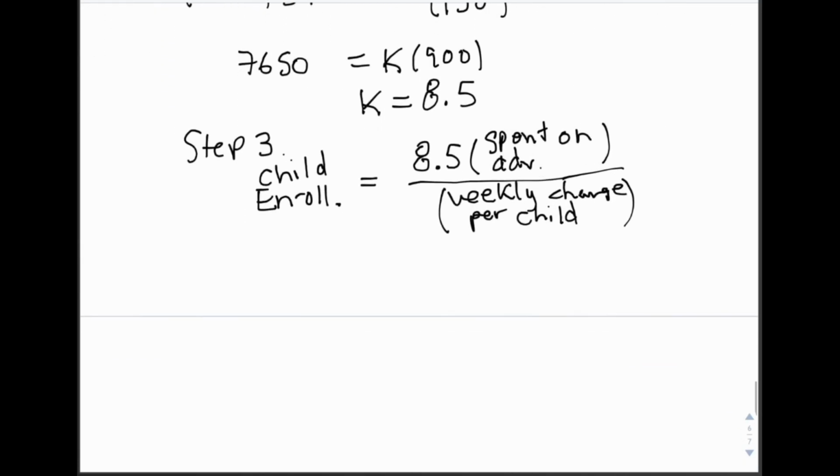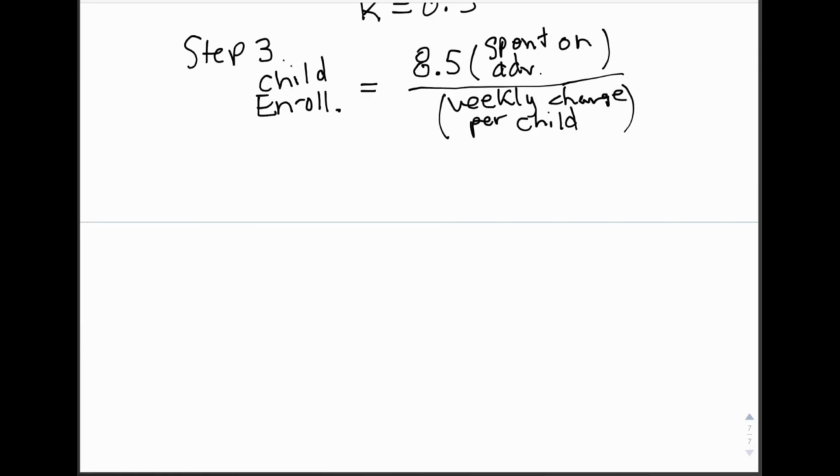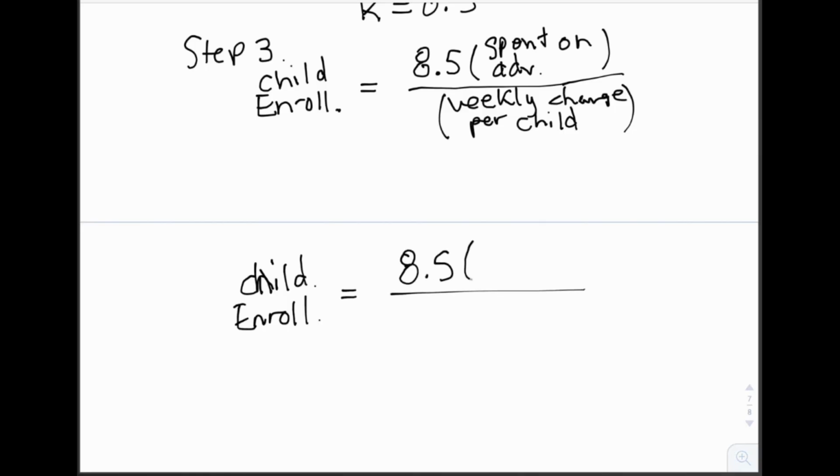So plugging those values in, child enrollment, that is the ultimate question we want to answer, is equal to 8.5 multiplied by our amount spent on advertising, 1,000, divided by our weekly charge per child, which is 170.